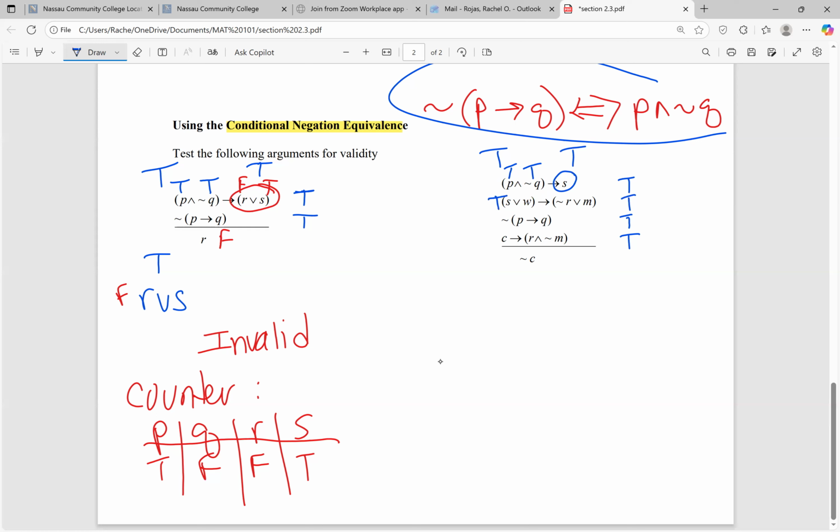We said S is true, right? So S is true, which makes this or statement true, right? Because with a disjunction, just one side has to be true for the statement to be true. And that's the left-hand side of a conditional statement, which we're assuming is true because it's a premise. So that makes not R or M true.